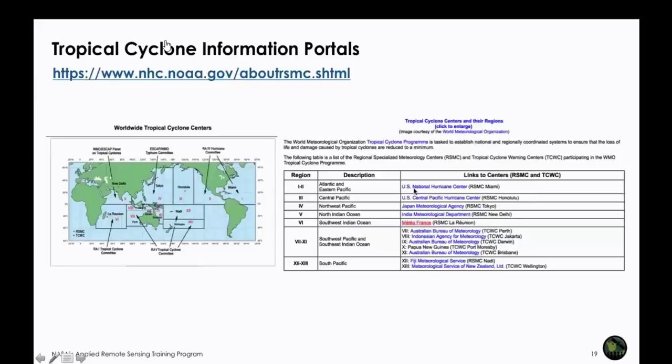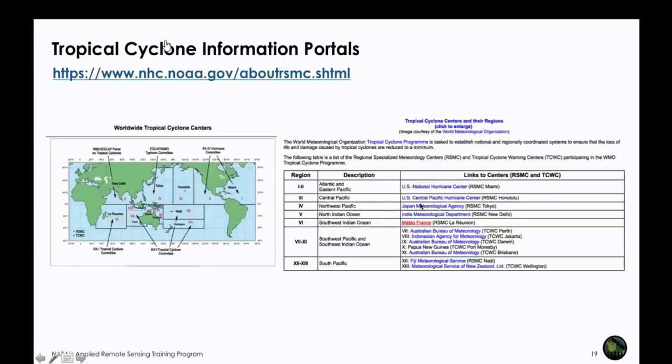You can see Hurricane Center here in the US. There is also a Central Pacific Hurricane Center that provides information about hurricanes and storms forming in this region, in the Pacific region.